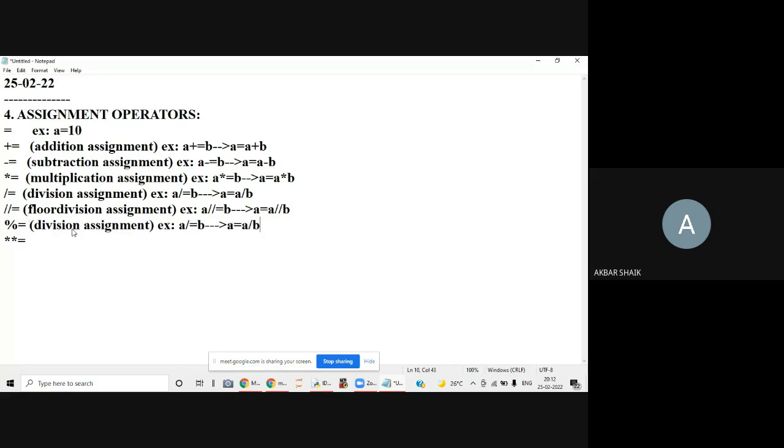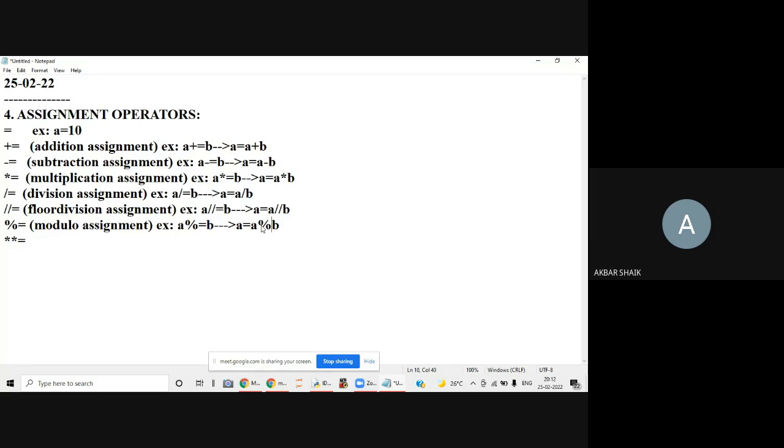Next we have modulo assignment. So this is nothing but modulo assignment. a modulo equals to b. This is nothing but a equals to a mod b.